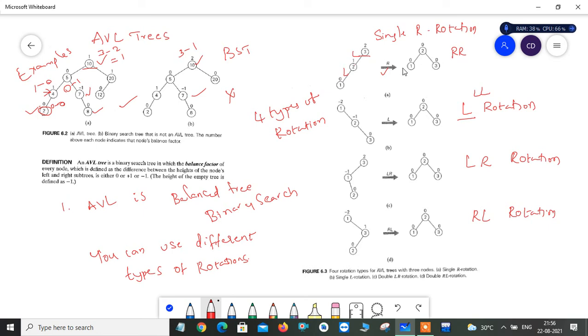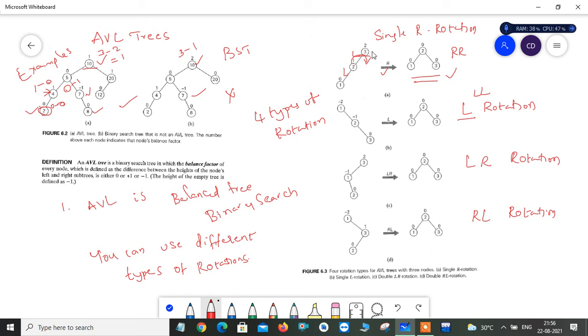What your right rotation says is, at whichever node you find your tree is unbalanced, you can rotate it right. So at this level my tree is unbalanced, so what I'll do is rotate this node to the right. Now it becomes like this.